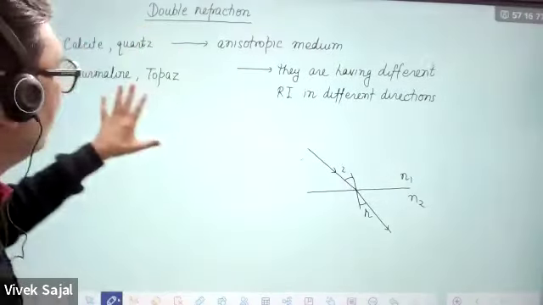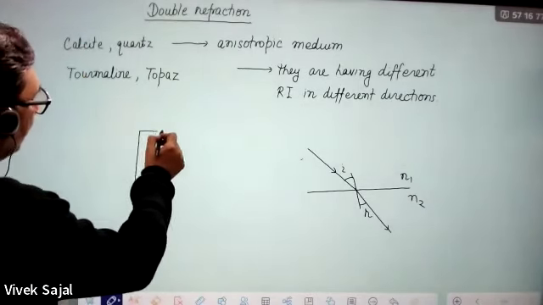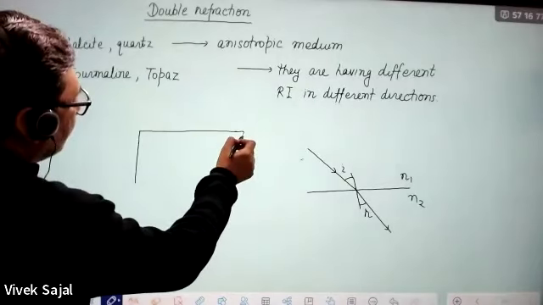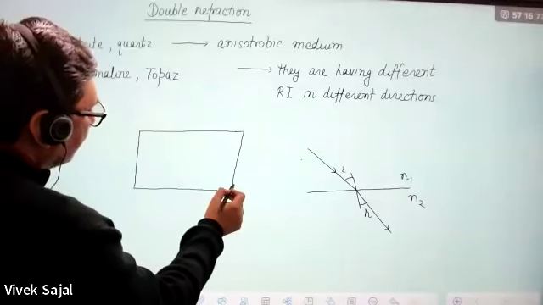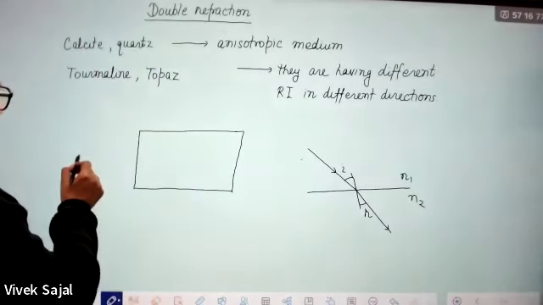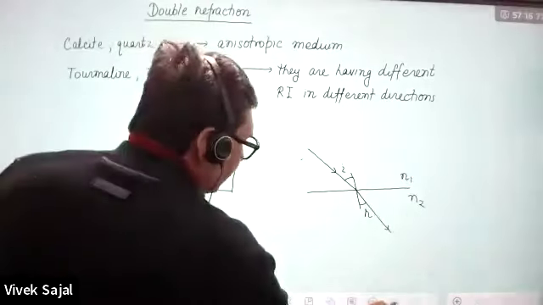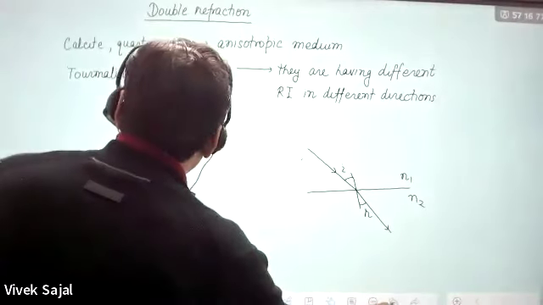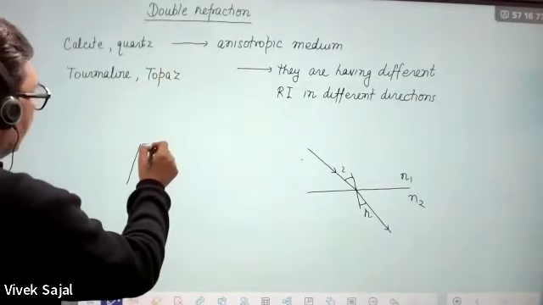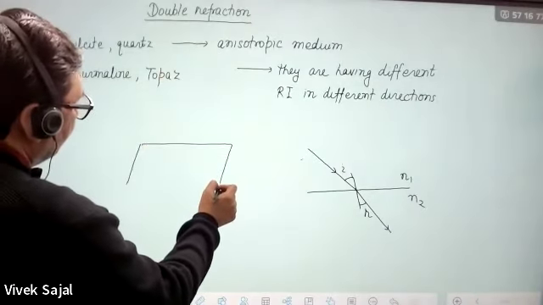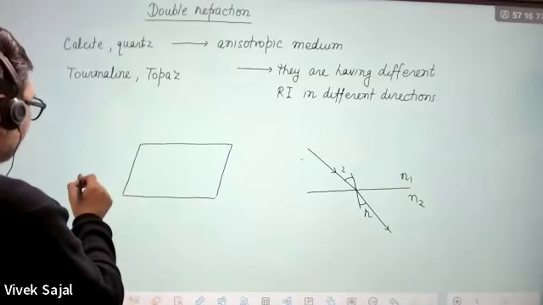If you choose a calcite crystal, for example, suppose this is a calcite crystal and light is incident on it, like this.